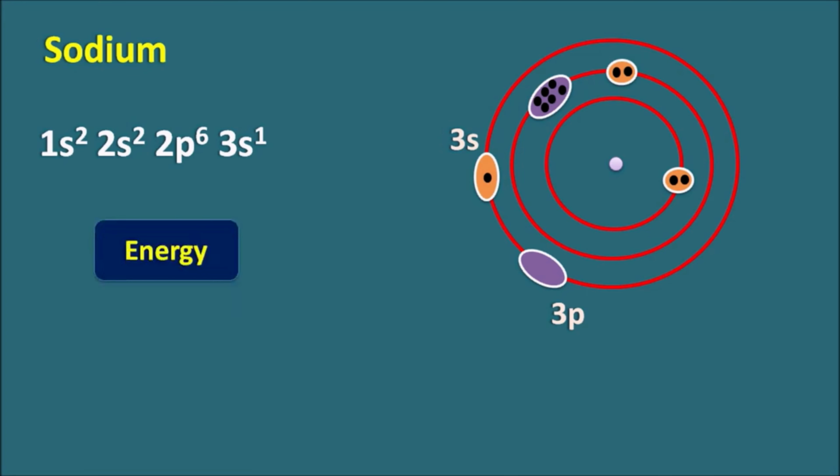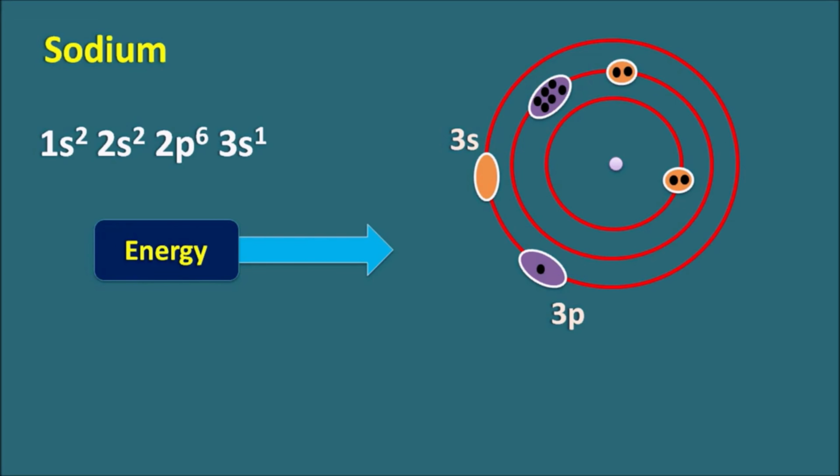Now when we supply energy, for example heat energy, then this energy can be absorbed by the sodium so that the electron in the 3s orbital can jump to the 3p orbital. Since the 3p orbital is more energetic than the 3s orbital, the electronic transition here requires energy. So now the sodium can absorb the energy so that the electron is jumped from the 3s orbital to the 3p orbital.